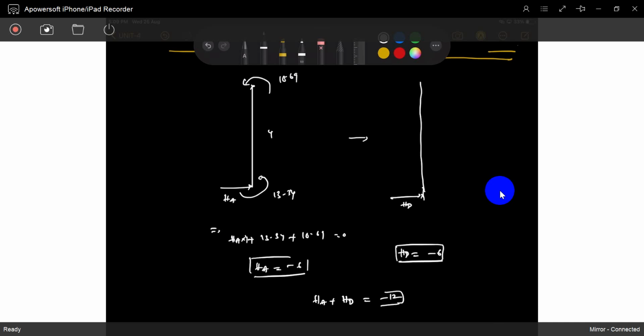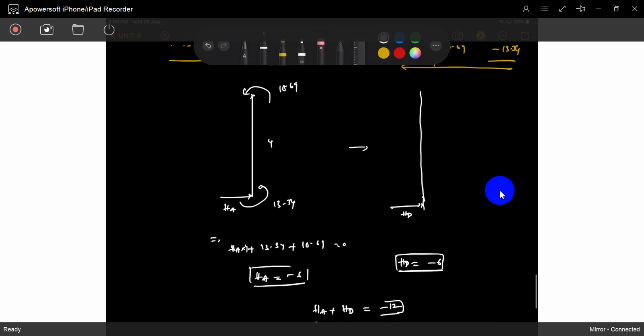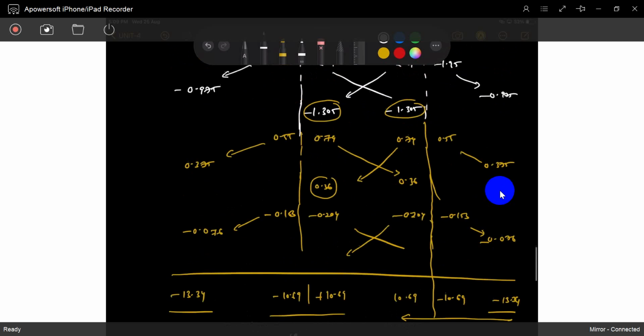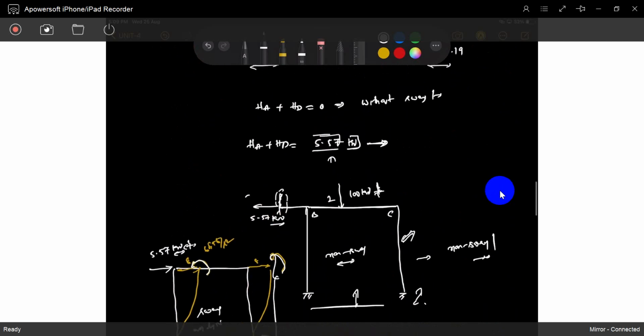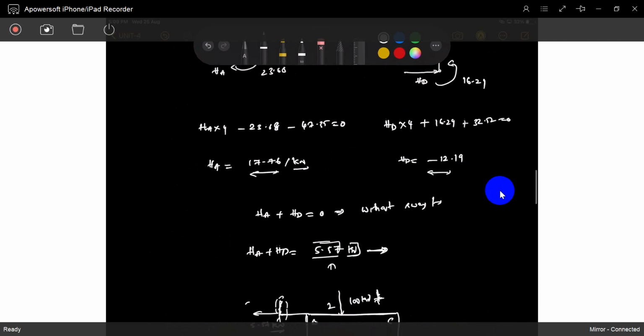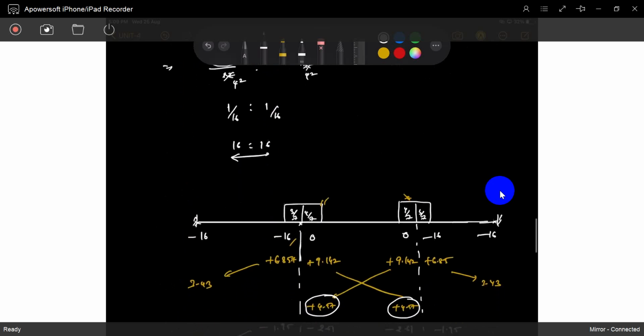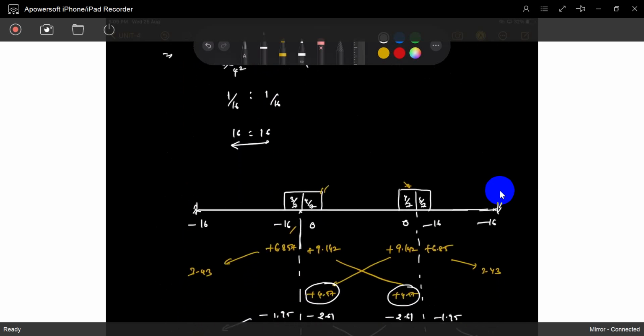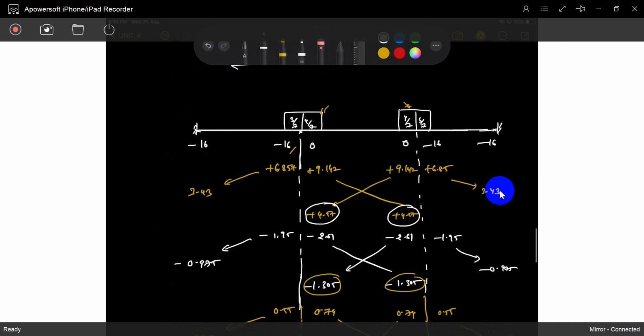Now you can observe it. How can we modify it? Previously, where were the moments?